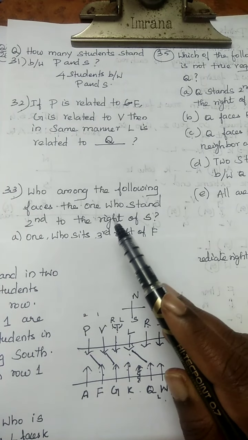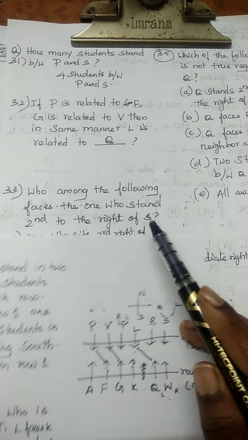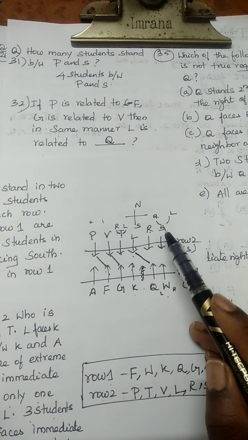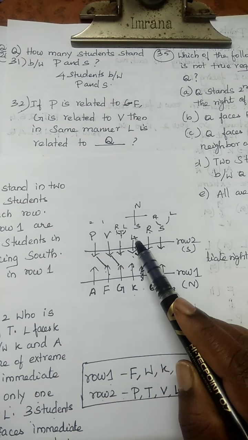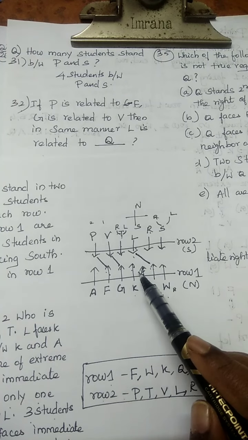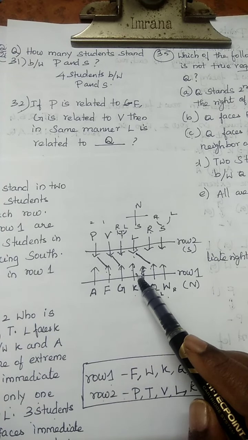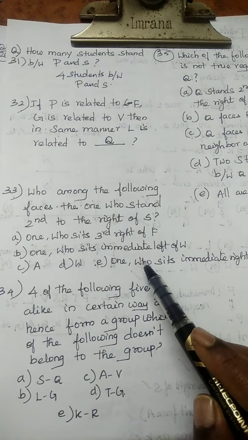Who among the following faces the one who stands second to the right of S? That means second to the right of S is here. 1, 2. Second to the right of S is L. L faces who? L faces K.